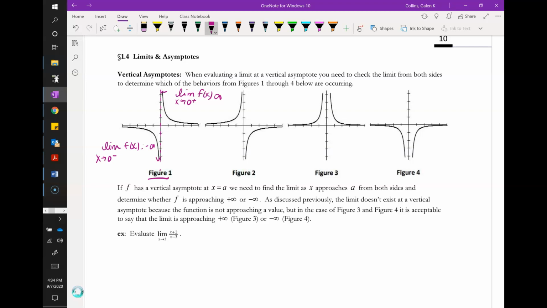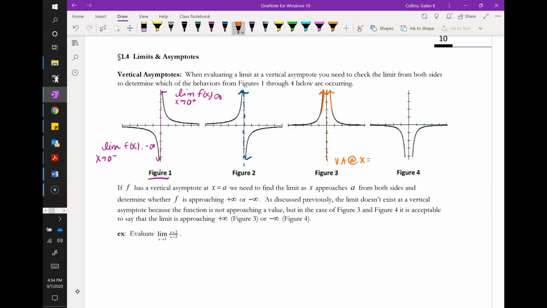So then we could observe another possibility in figure 2. As we approach that vertical asymptote, the limit from the left is going to positive infinity, and the limit from the right is going to negative infinity. I'm not going to write out the limit notation for all of these just yet. In figure 3, both limits from the left and the right would be going to positive infinity as we approach that vertical asymptote.